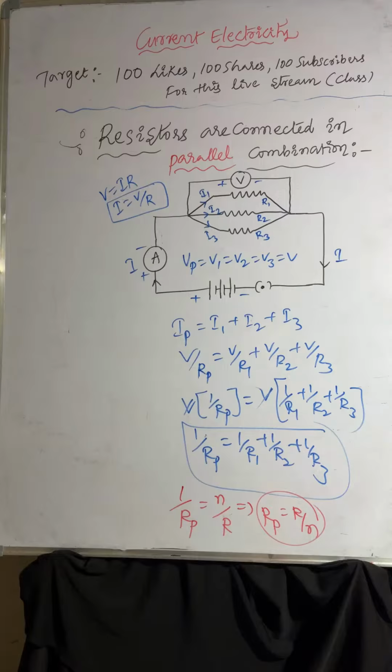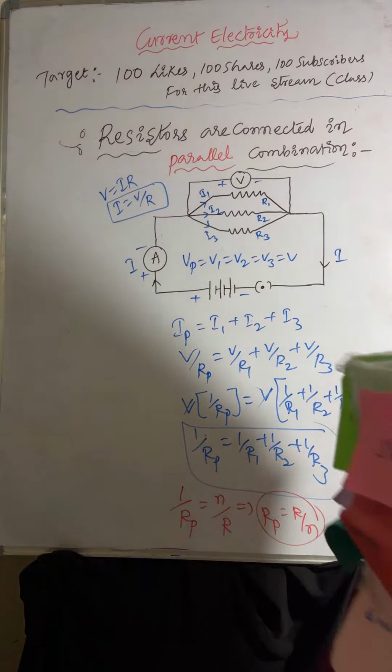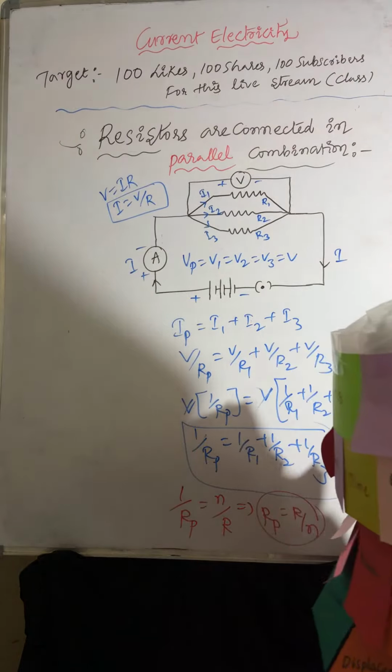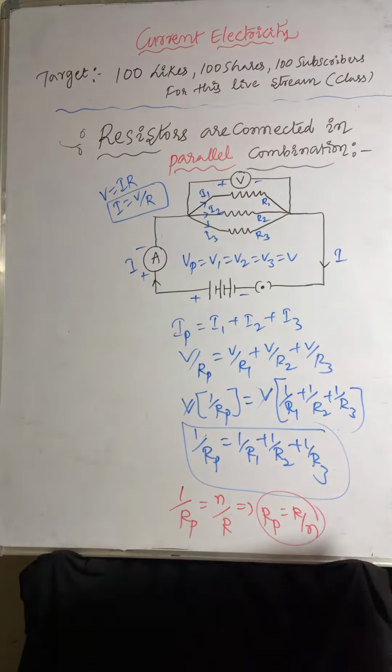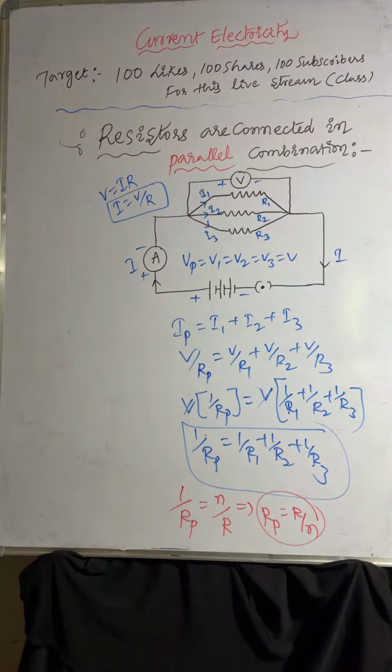Next one, Kirchhoff laws. Actually, all circuits cannot be reduced to series and parallel circuits, right? Some circuits we may not reduce. So that time we will use Kirchhoff laws.